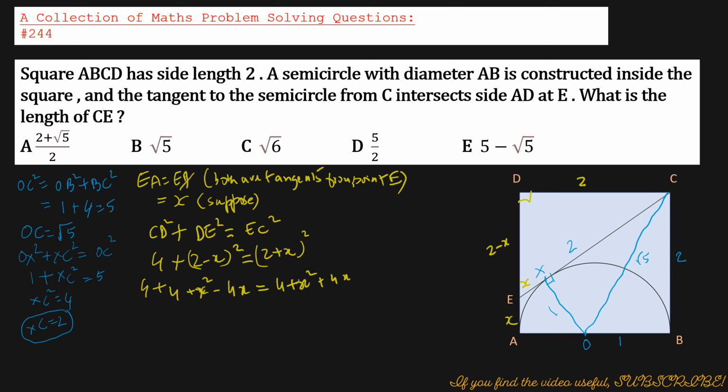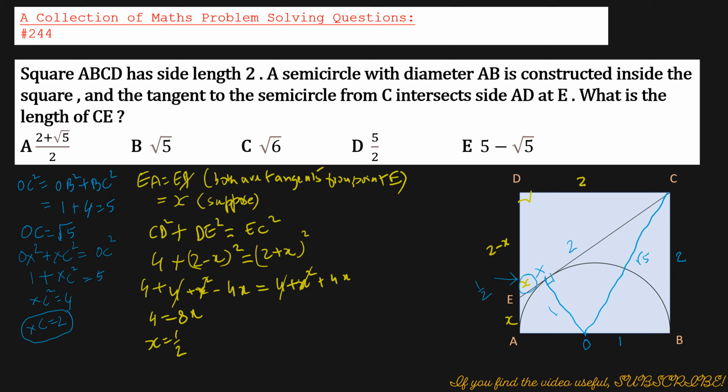So you see the 4 and x squares get cancelled out, and we are left with 4 equals 8x. X equals half. So we know that x equals half.